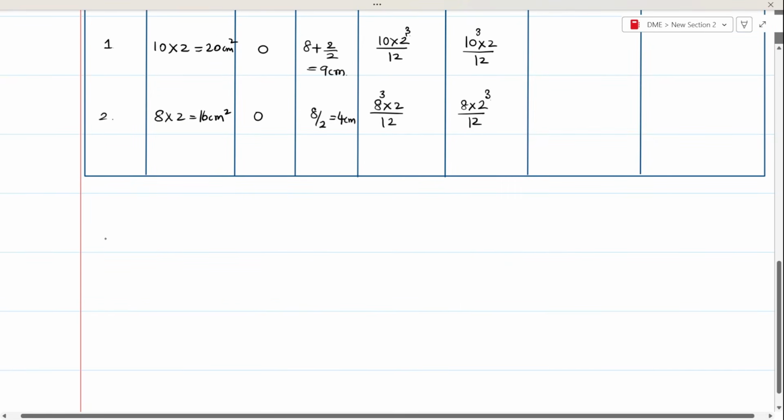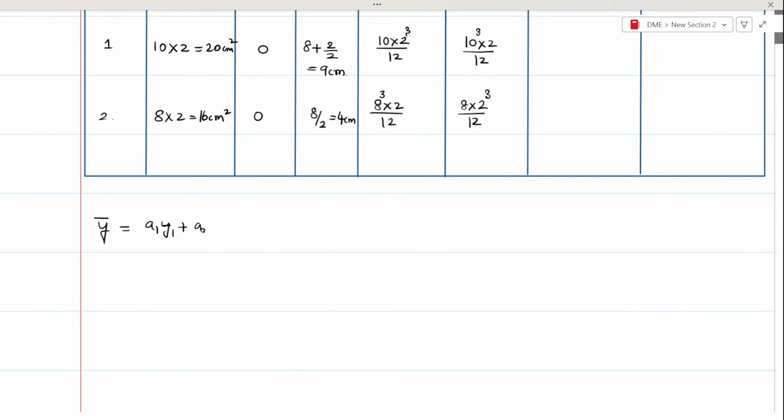Now here I need to calculate y bar, which is equal to a1y1 plus a2y2 divided by a1 plus a2. a1 is 20, y1 is 9, plus a2 is 16, y2 is 4, whole divided by 20 plus 16. So 20 into 9 is 180 and 16 fours is 64, divided by 36.